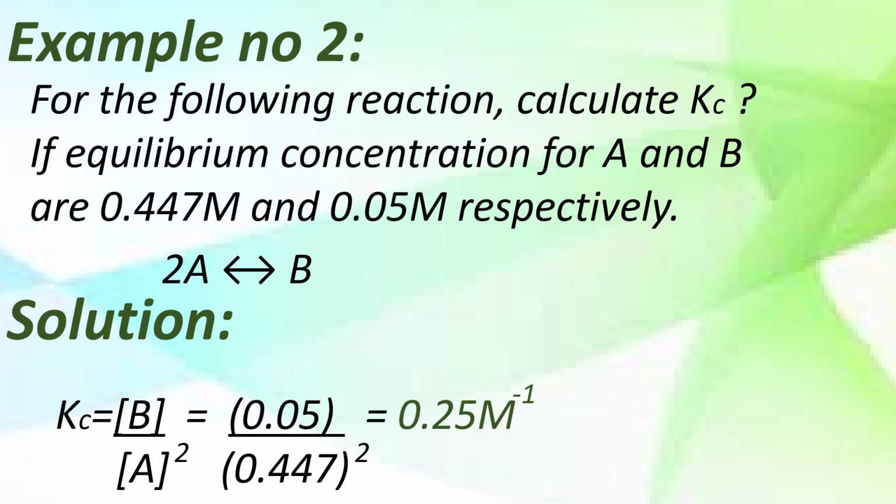After solving, Kc is calculated to be 0.25 molar inverse. The unit is molar inverse because the concentration of B is molar and concentration of A is molar square. So molar cancels and we have molar inverse. So 0.25 molar inverse.